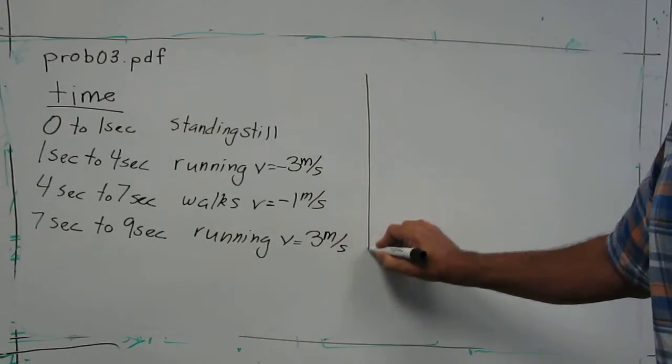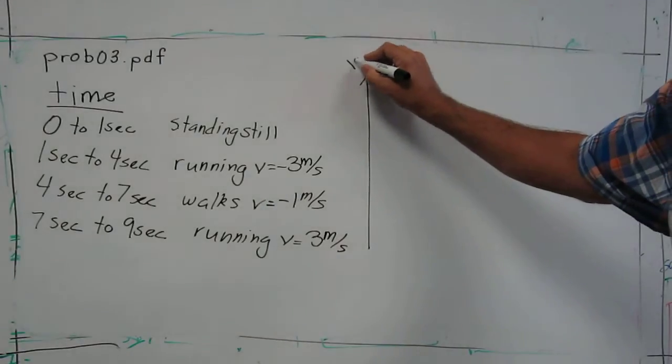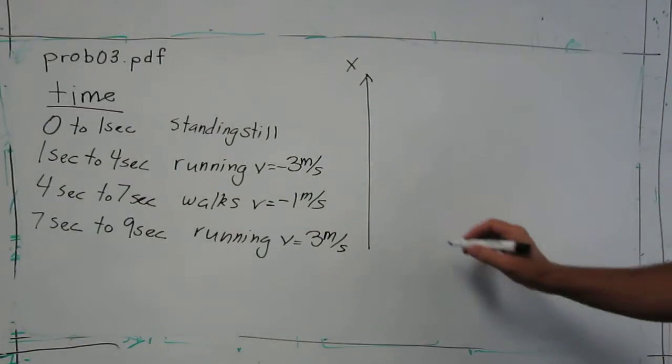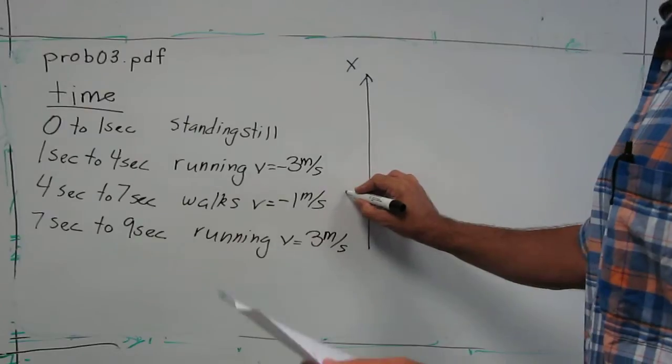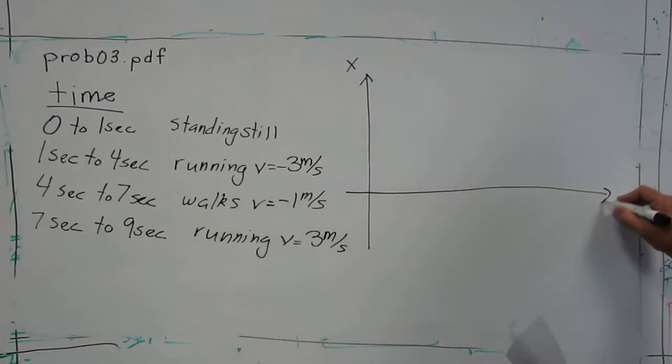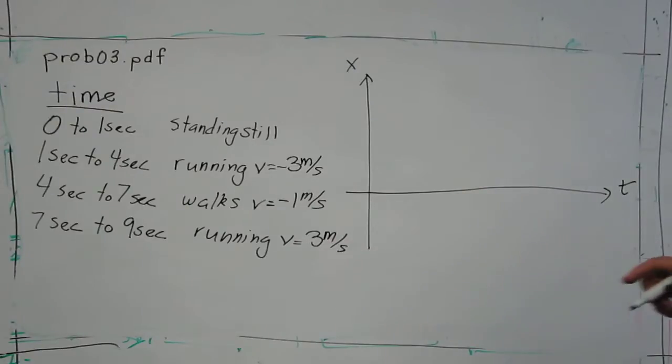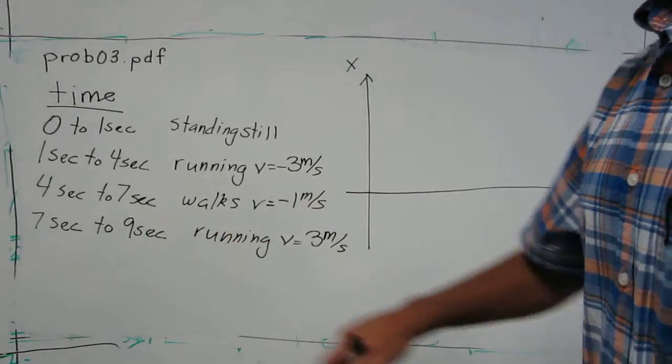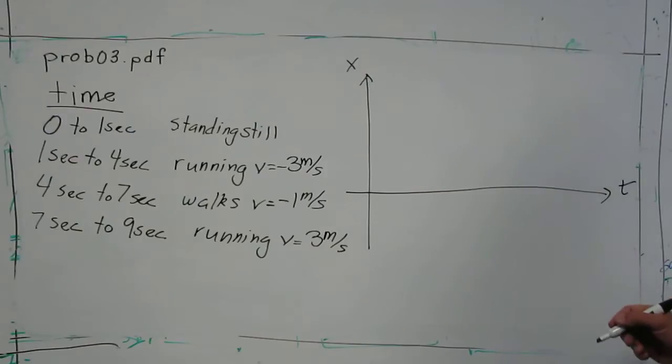So we're going to draw a graph where x is on this axis, the vertical axis, and time is on the horizontal. And I noticed that I'm going to need to go at least to 9 seconds, because after that the person is stopped.